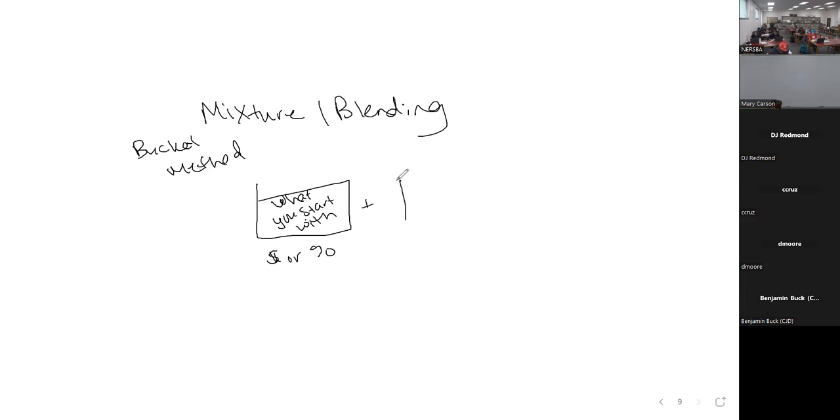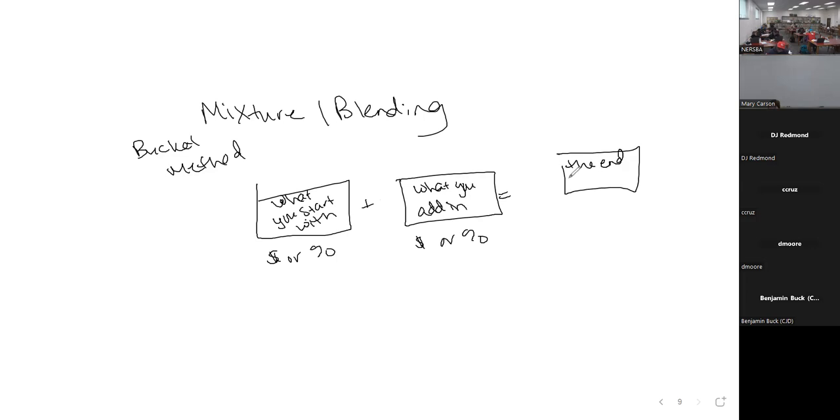Plus what you add in times the money or percent is equal to the end result or mixture times your money or percent. So I'll write an example one time.